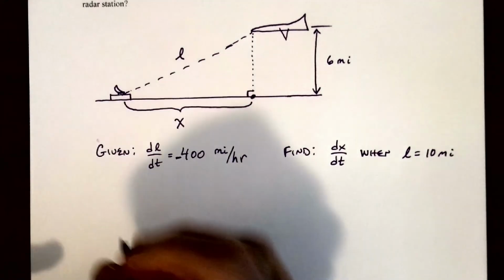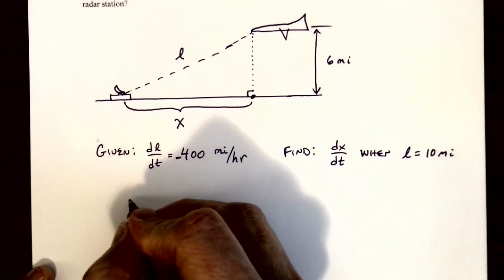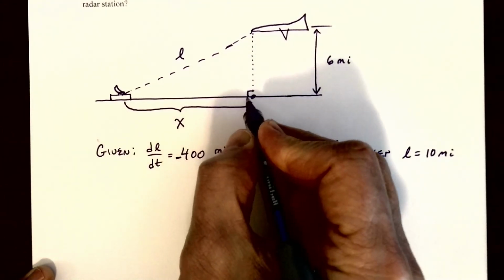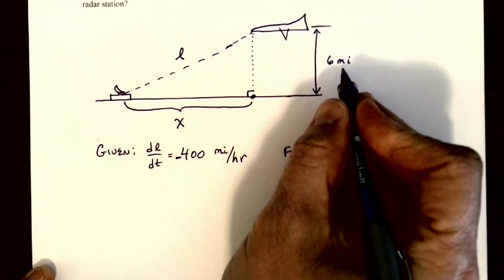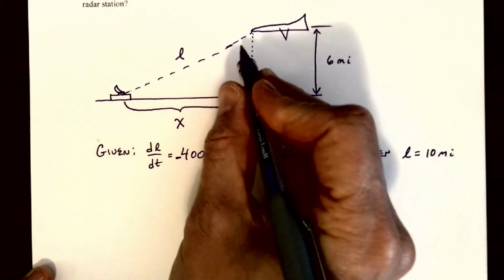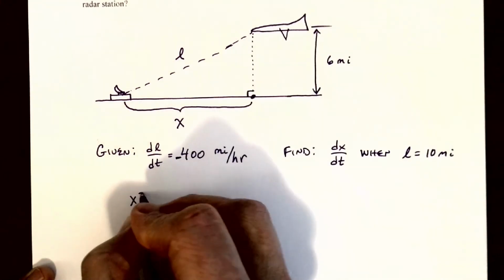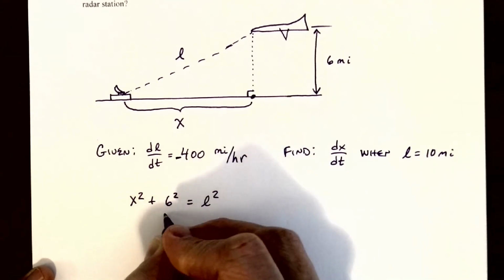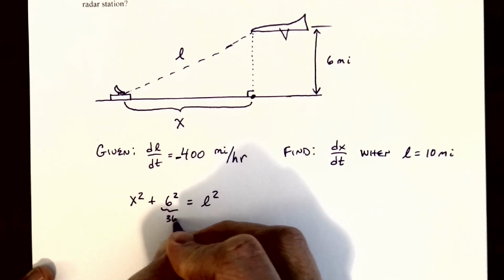So what's the equation of interest here? The equation of interest comes from the Pythagorean theorem. We've got this side length squared plus this side length squared, which is fixed at 6 miles, equals the square of the hypotenuse. Of course, 6 squared is just 36.